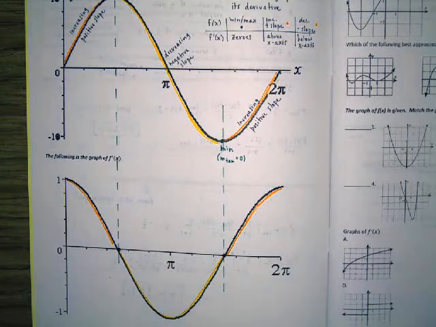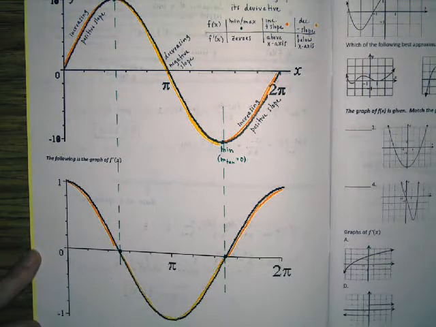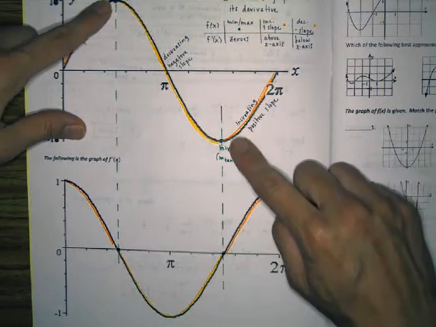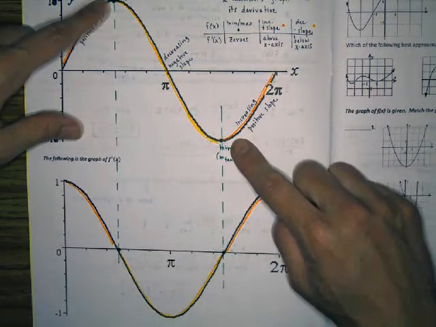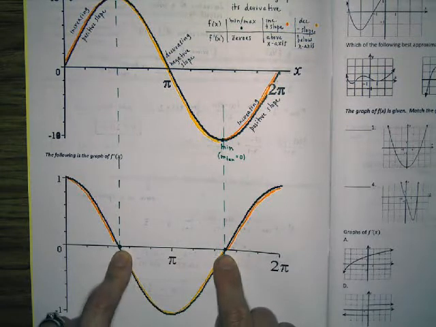And these are the major points that I want you to realize at this point. That behavior of f of x is directly related to the behavior of its derivative. So again, wherever I have a min or a max on my function, those correspond to the zeros of my derivative.